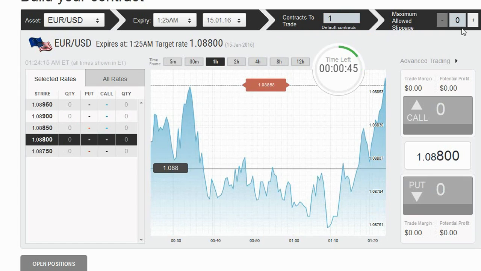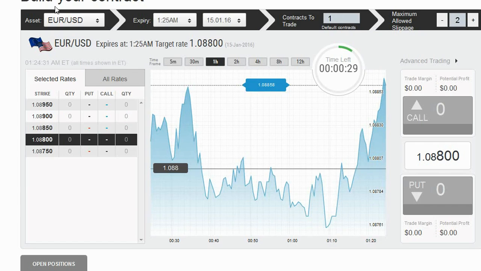Now, let's talk about slippage. I'm always setting this to 1 or 2. Here's something I've noticed from doing an accumulated amount of trades with this particular platform.